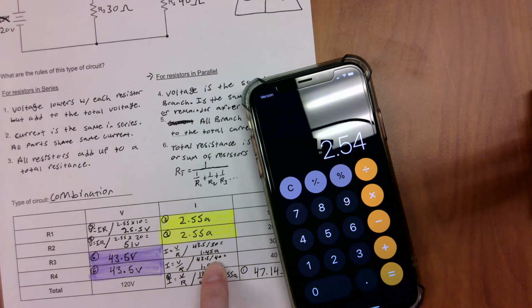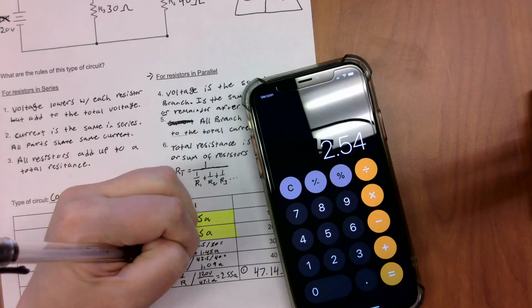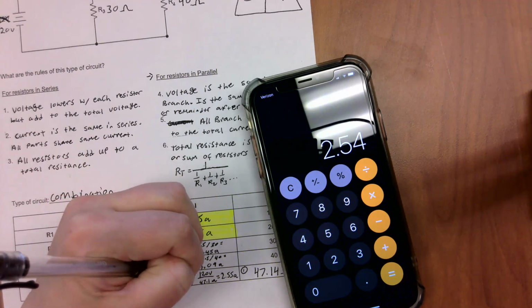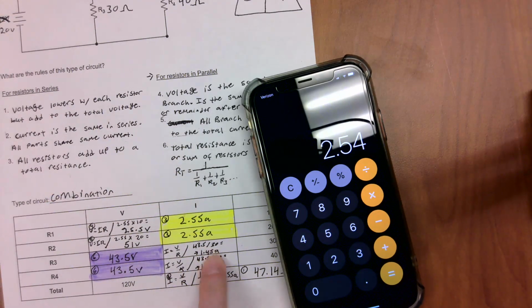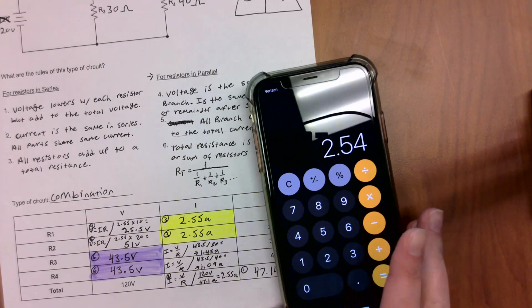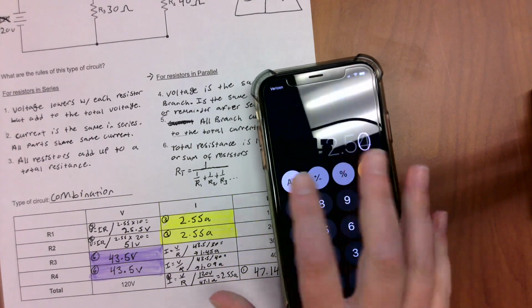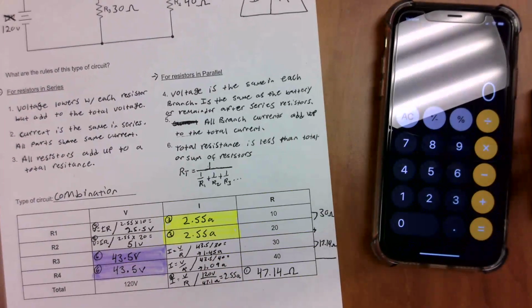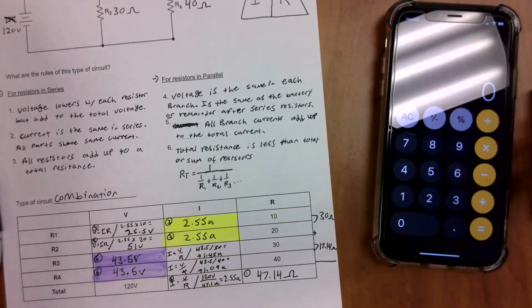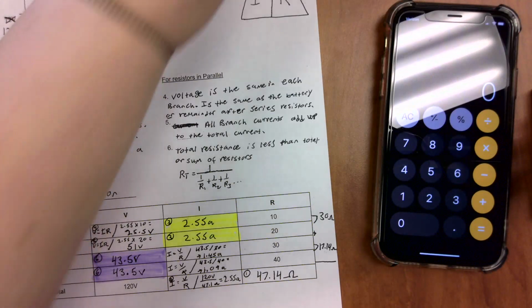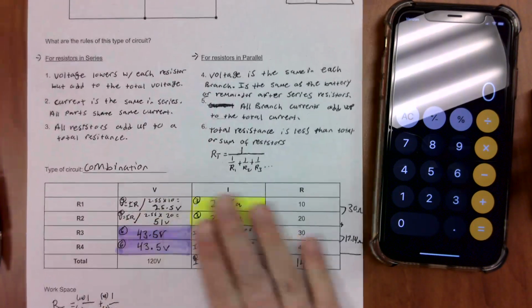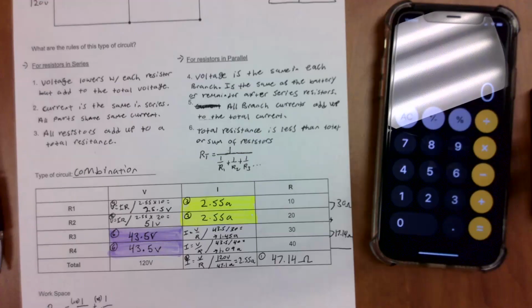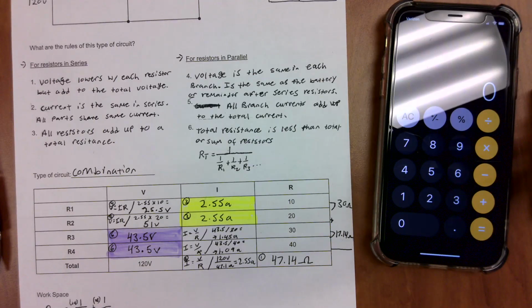So in order to check if these numbers here that you got are right, you have to take them and add them up to see if they equal the total. Okay? But after you do that, you're done. That's it. You did it. You filled out all your boxes and you're good to go on combination circuits.